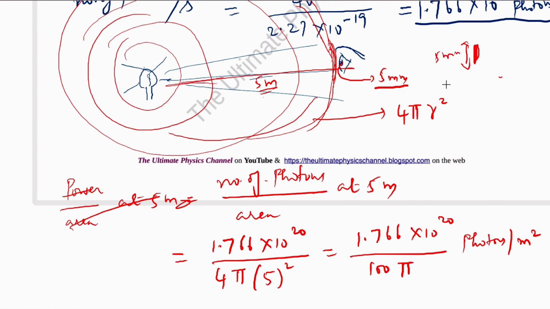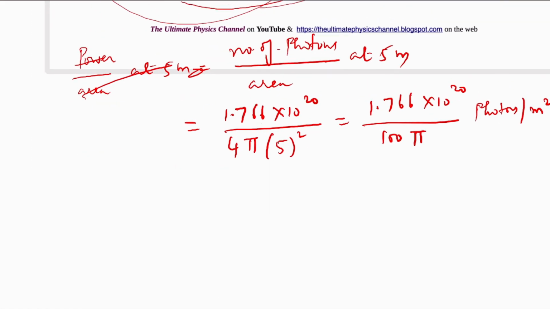So the area of the pupil can be calculated as, it's a circular area, right, and that is pi r_p squared.